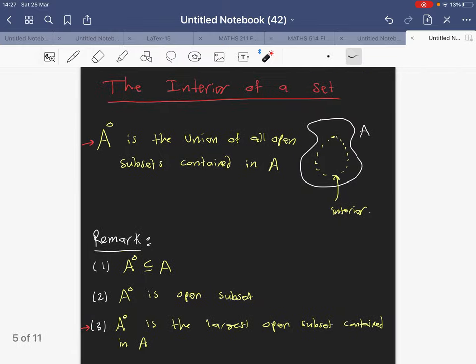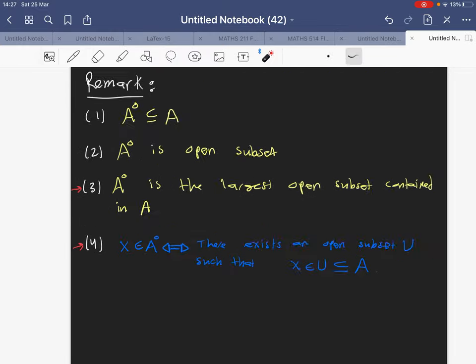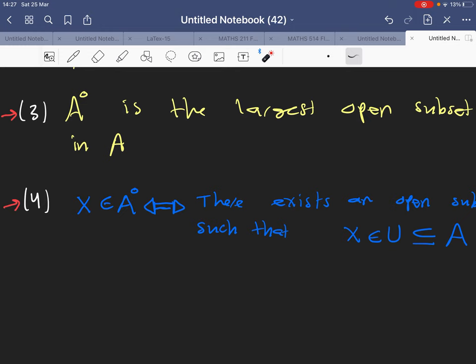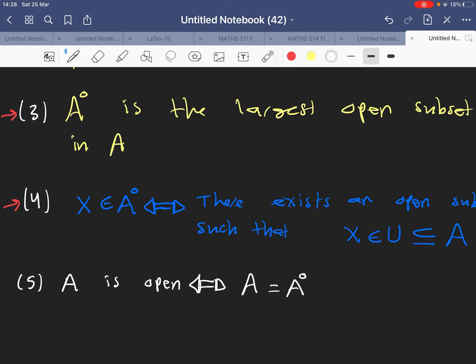We go back to the remarks. We stopped at remark number 4, and now we will do remark number 5, which is as follows. A is open if and only if A is equal to its interior, which makes sense because remember, the interior of A is the largest open subset.